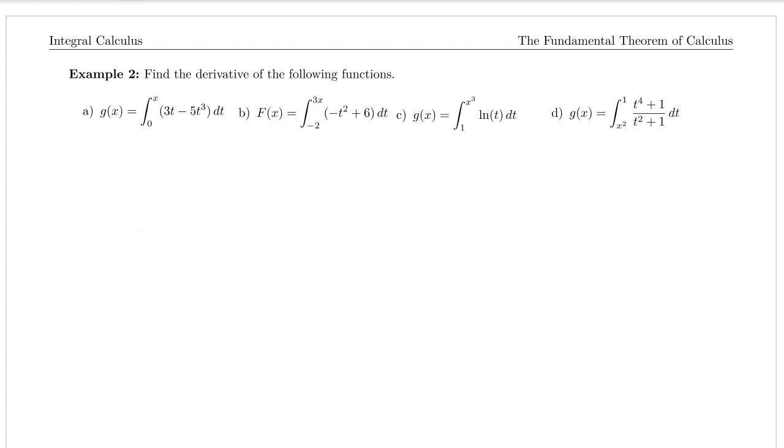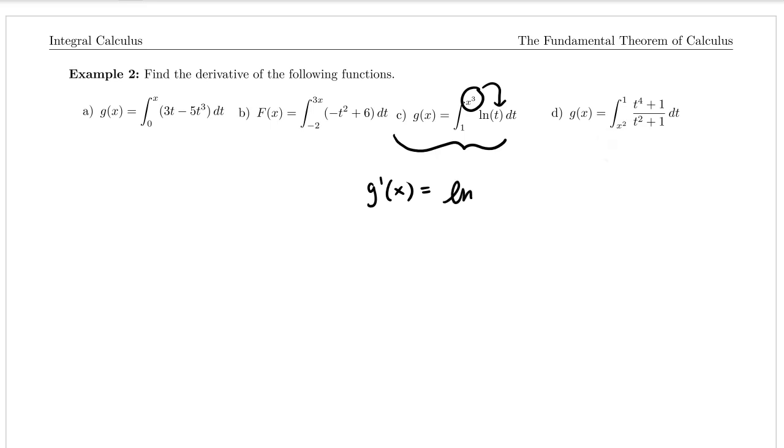Now, a question that I often get asked is, do we have to show all of the steps where we're applying chain rule like we needed to in parts B, C, and D? And to that, my answer is no, you don't have to show that every time. So really, the secret sauce is that, for example, for part C, if you wanted to evaluate g prime of x in your integrand, what you're going to do is anywhere you see a t, you're going to replace it with whatever the upper limit of integration is.